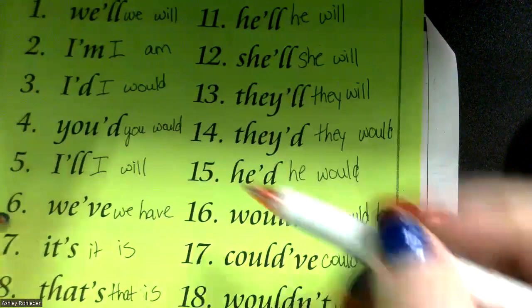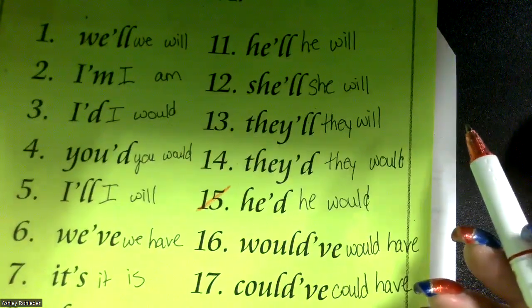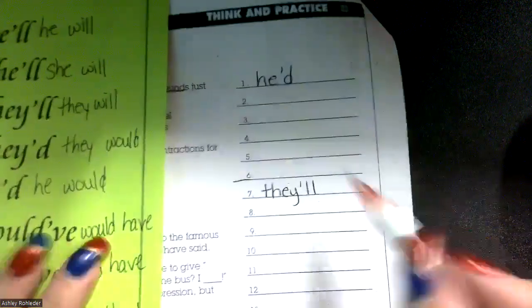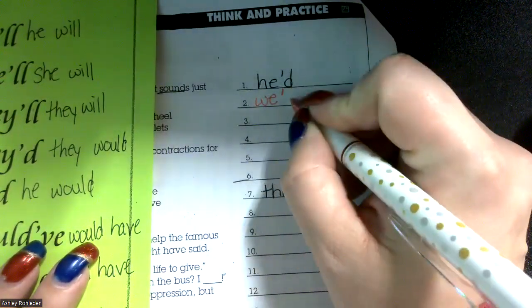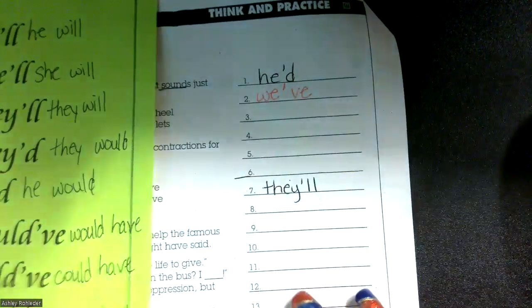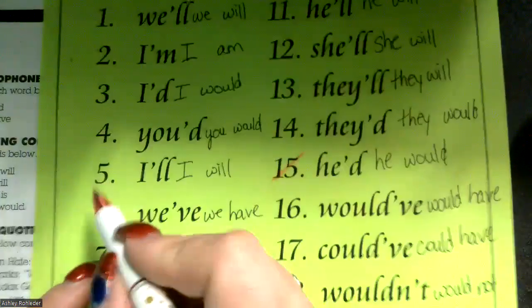He'd, for he would. I'm going to cross that out. Number 2, that says we've. Which one would that be? The contraction for we have. So W-E apostrophe V-E. Okay, and then I'm going to cross off we've on my list, number 6.